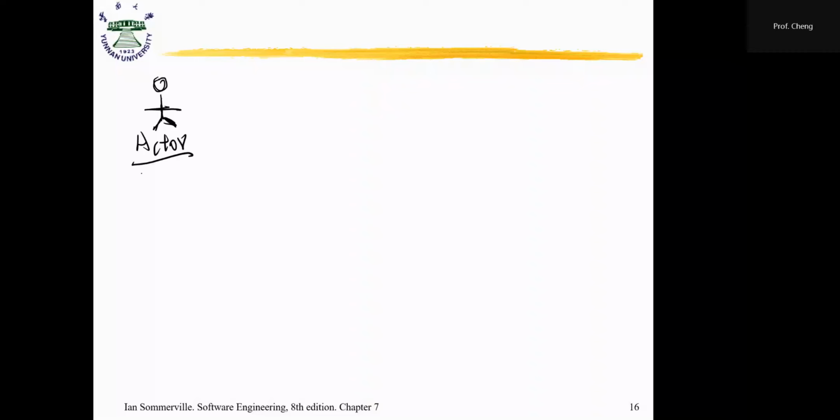Okay, this actor may be you, the student. So when you use a course selection system, what's the first step you need to do? What function you need to invoke? F1. What? Select course. No. Login. Yes, login. Login, and also the function logout, right? The system login, including the authentication. Yes, that's right.